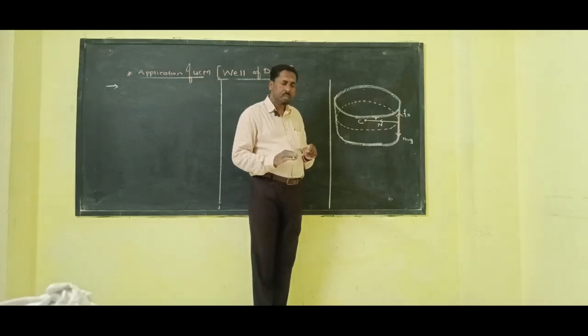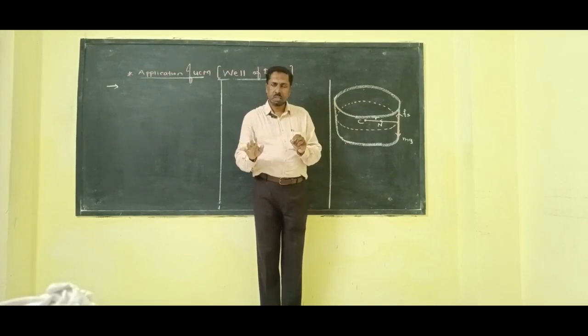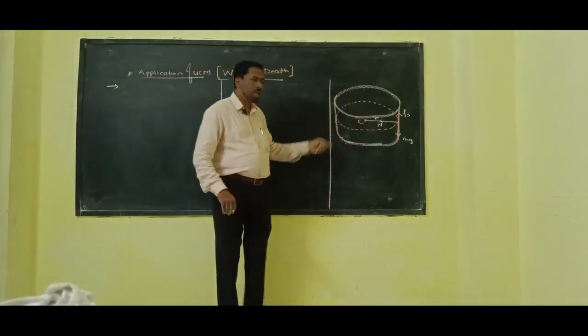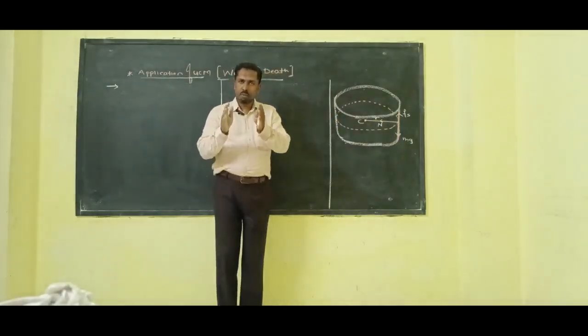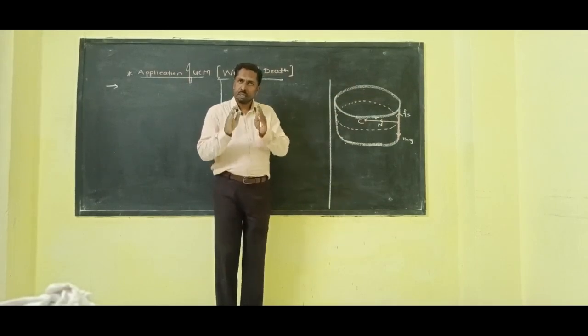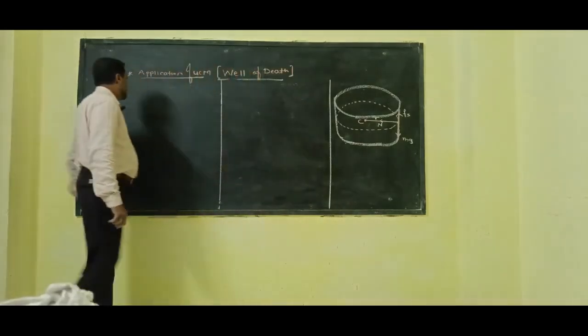In the well of death, a person performs some stunt. What does the person do? He moves the vehicle along the walls of the well of death, and during this motion, some forces act that we can write mathematically.